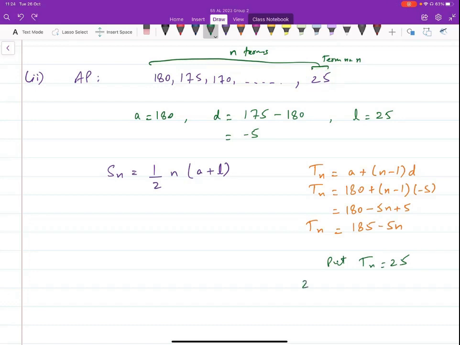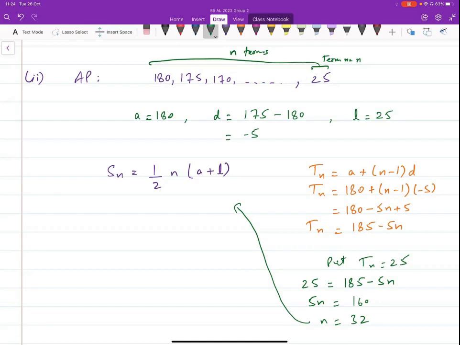You input 25 in place of Tn, and that is going to give you the value of n, the term number exactly. That's 185 minus 25, which is 160, and n turns out to be 32. So this 25 is actually the 32nd term.